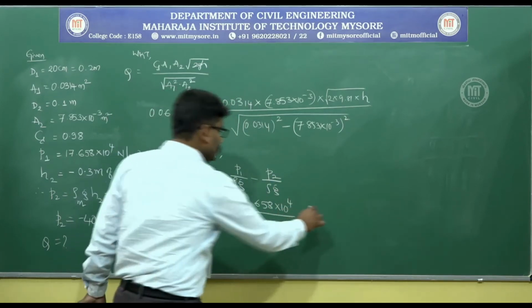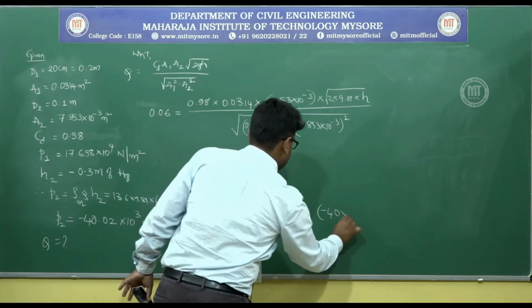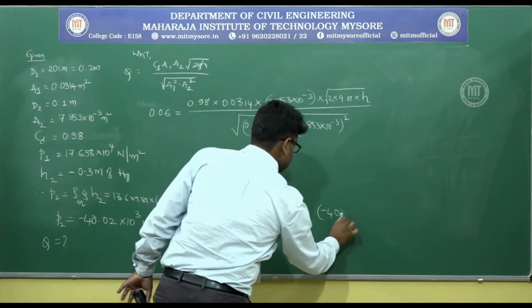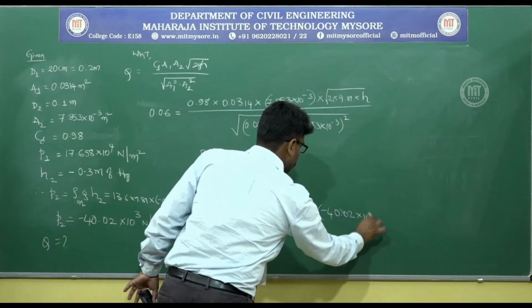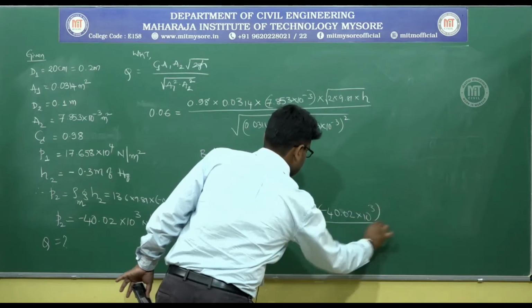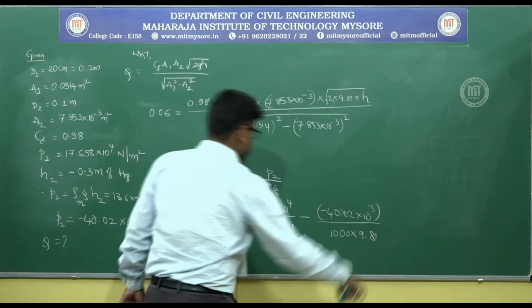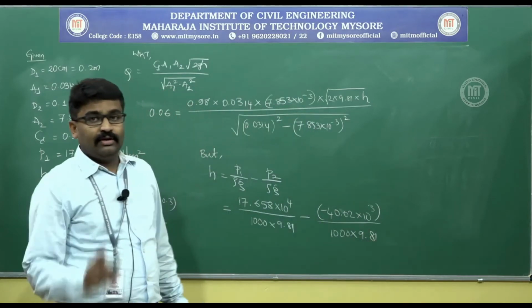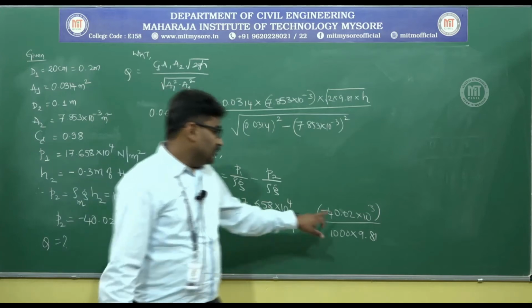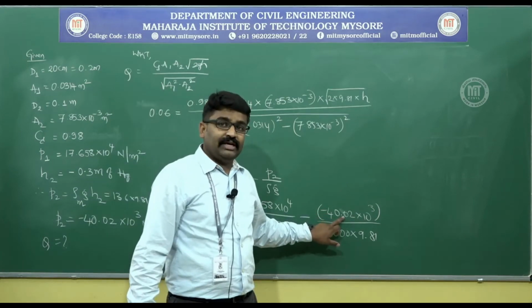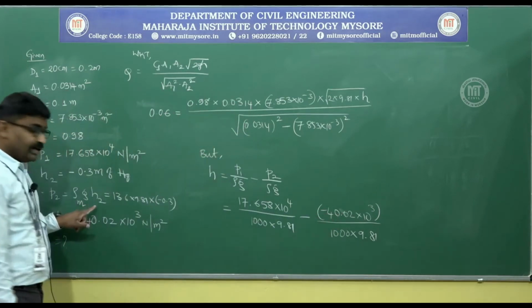P2 is minus 40.02 into 10 power 3 divided by rho g, which is 1000 into 9.81. Please remember, you know that this is the pressure given in terms of mercury.